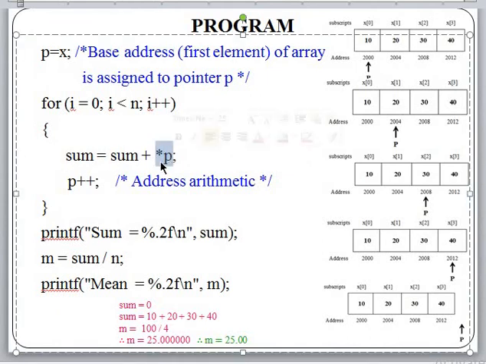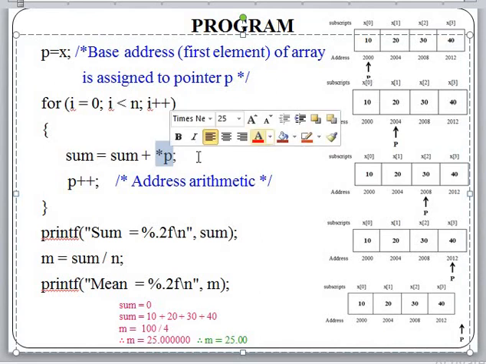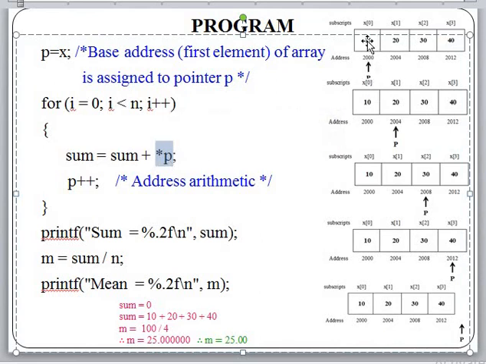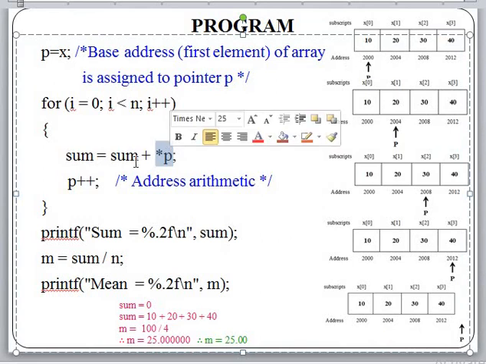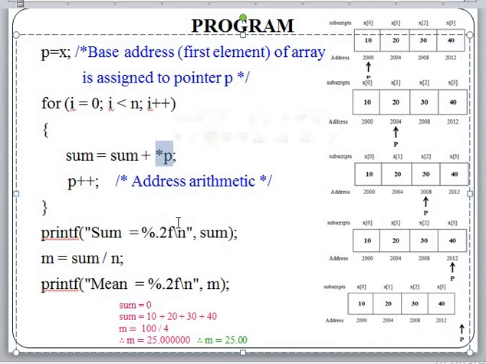What is this star p? Star p is nothing but the value at p. The value of p is 2000. What is the value at 2000? It is 10. So that 10 is added with sum. Sum is already 0, so 0 plus 10 is 10. So initially sum becomes 10.